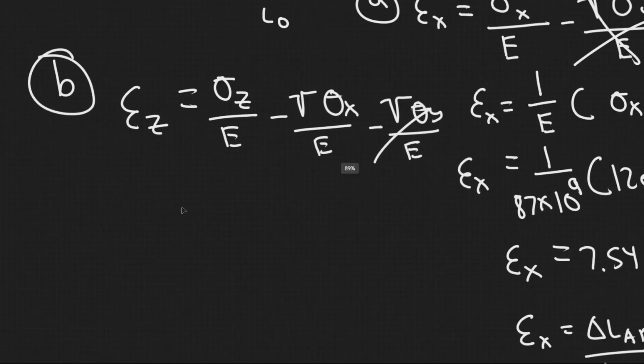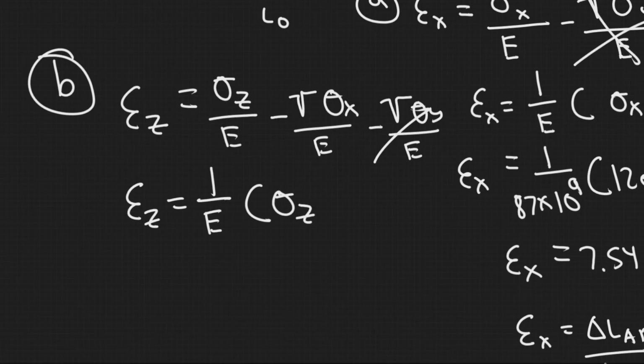And then it's just a matter of plugging it in. So let's go ahead and do that now. It's going to simplify again to 1 over e multiplied by sigma z minus nu sigma x.